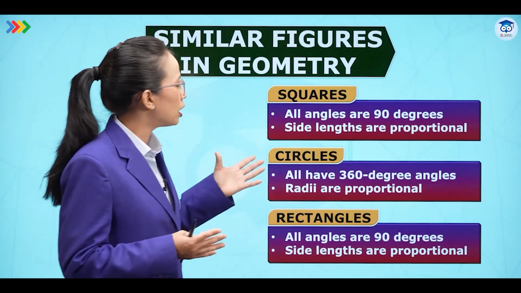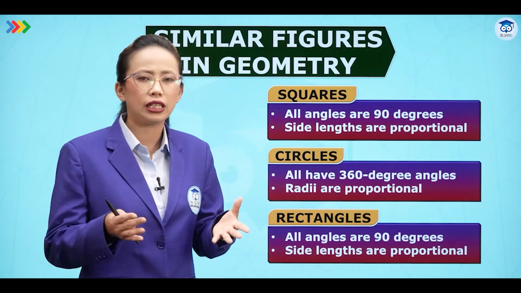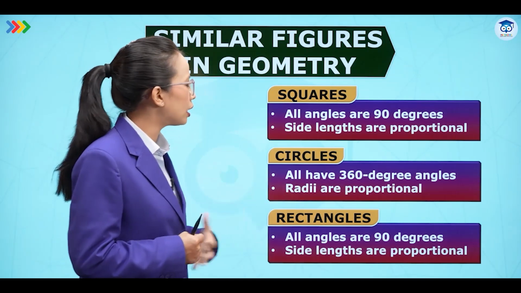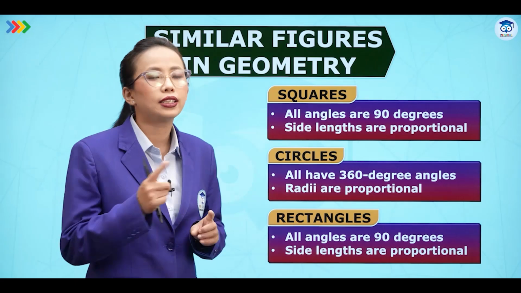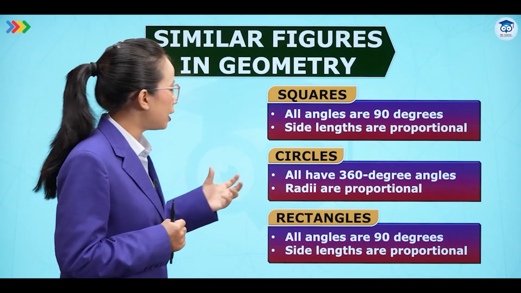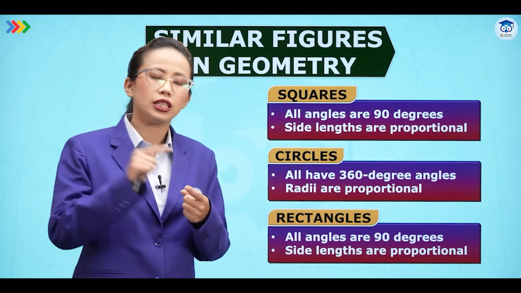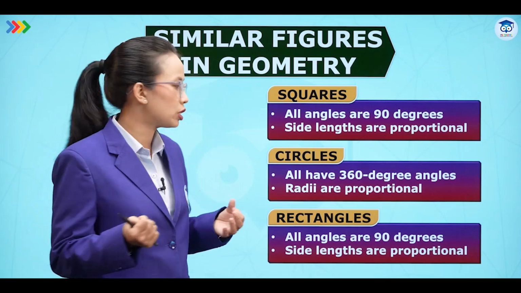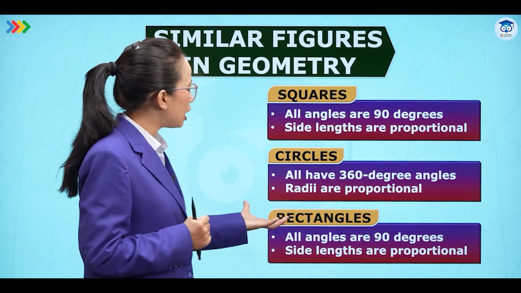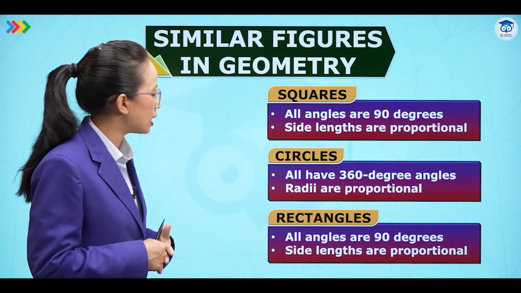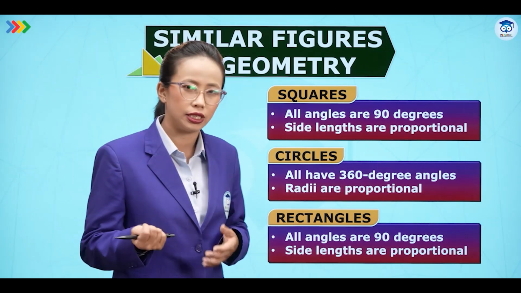Here the side lengths are equal, which directly means proportional. Next we have circles. In a circle, the central angle is 360 degrees and the radii are proportional. If you take any radius, it will have the same value, so proportional. Next we have the rectangle. All the angles are 90 degrees and the side lengths are again proportional here.